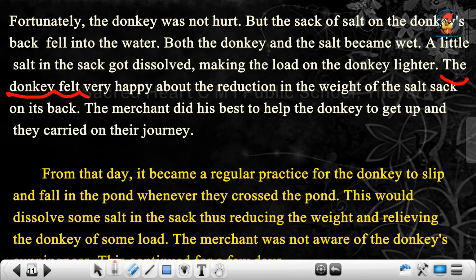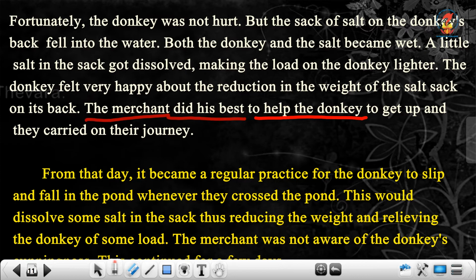The donkey felt very happy about the reduction in the weight of the salt sack on its back. The merchant did his best to help the donkey to get up, and they carried on their journey.